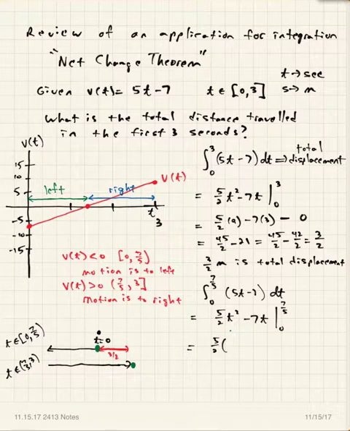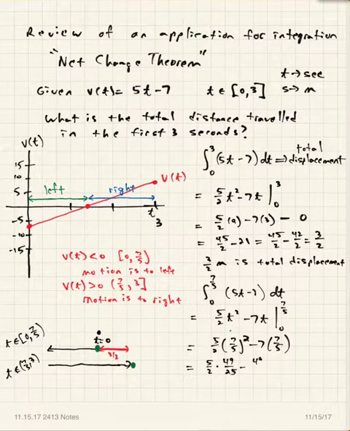So you have 5/2 times 7/5 squared minus 7 times 7/5. The lower limit would be 0. And so you would have, let's see, 5/2 times 49 over 25 right there, minus, and then this would be 49 over 5.